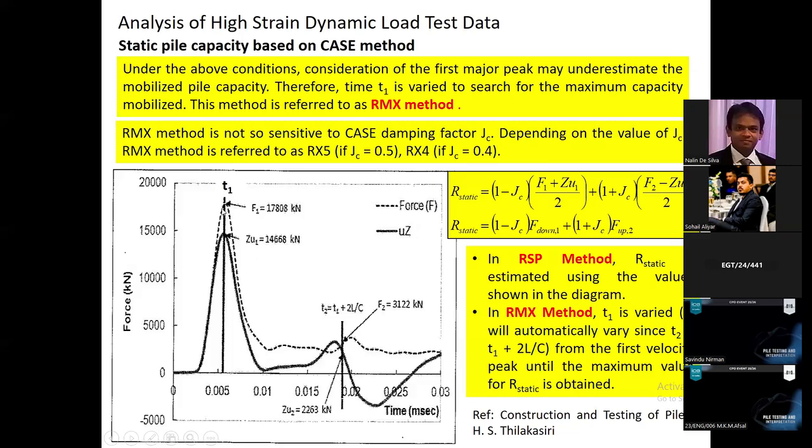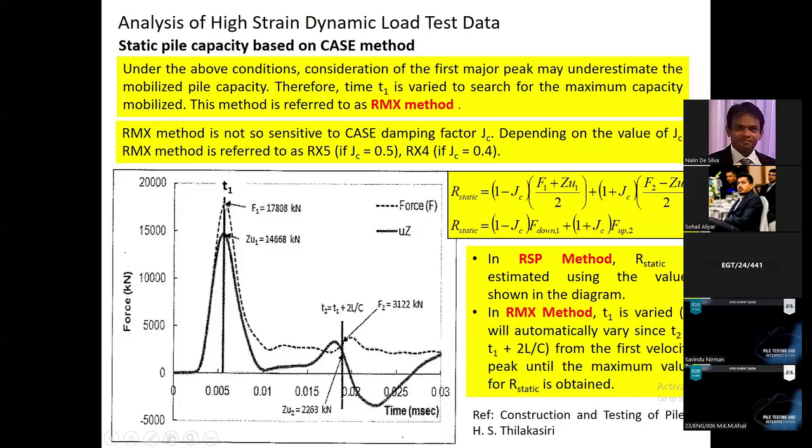So this method, if we are using the peak values, right? If F1 and ZU1 are the values at the peak, then this is the time taken for the wave to travel to the pile toe and come back, T1 plus 2L over C. This gap is 2L over C, and this represents the toe of the pile.